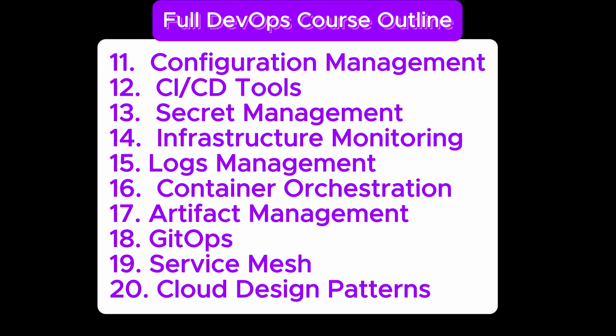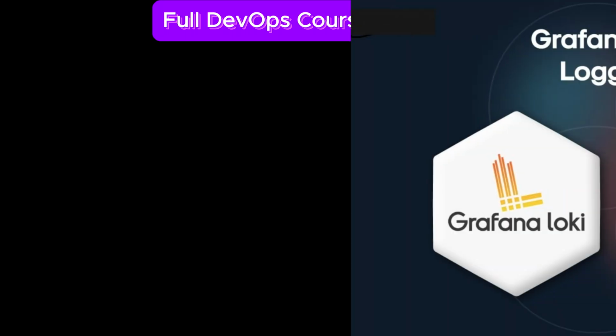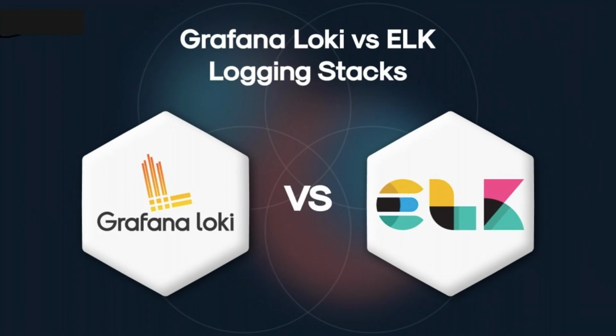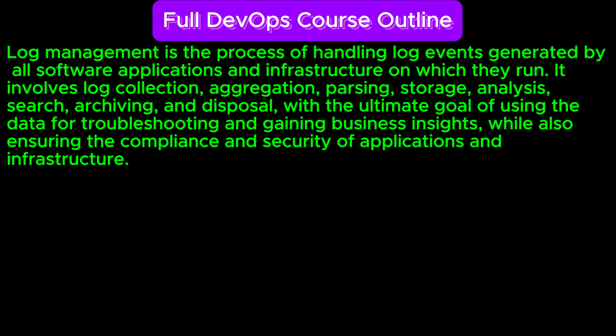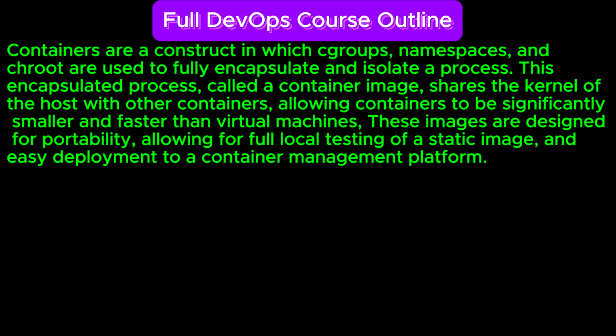Okay, then we have log management. For log management, we might use Loki or Elastic Stack. Even though we have CloudTrail, Splunk, and Graylog, in this course we'll be using only any one of Loki or Elasticsearch.